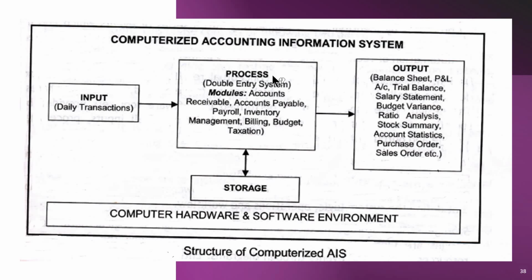Now coming to the process section. Process indicates here the transformation where we can convert input data into useful form. Useful form is nothing but information which is suitable for reporting. Whereas in accounting information system, the processing is based on double entry system.